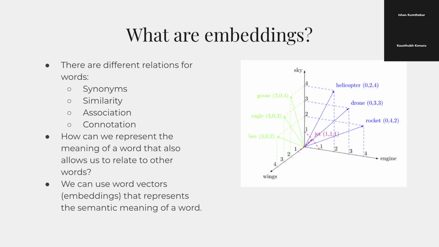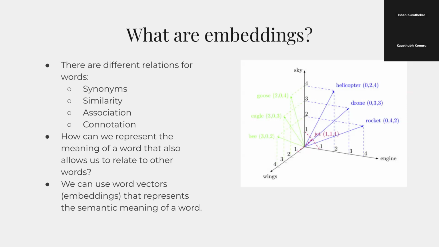So the question is, how can we represent the meaning of a word in a way that also allows us to relate it to other words? The answer that we use in NLP is a word vector, or embedding, that can represent the semantic meaning of a word.